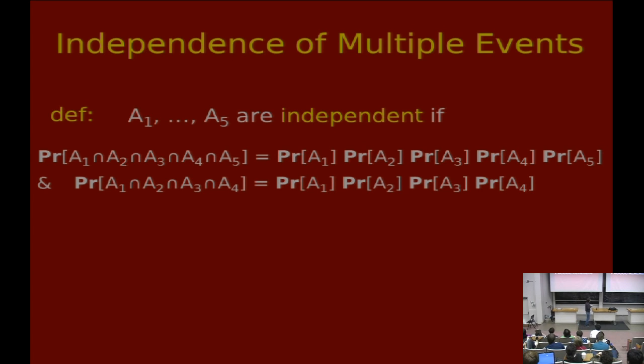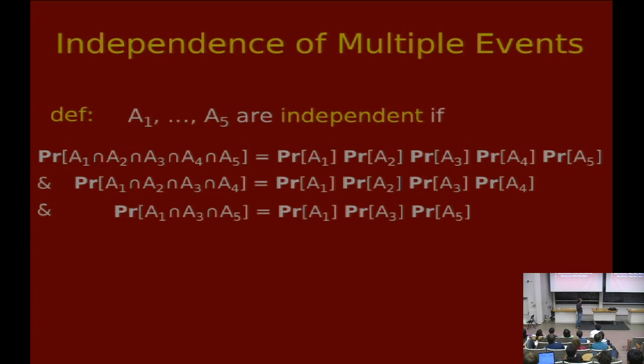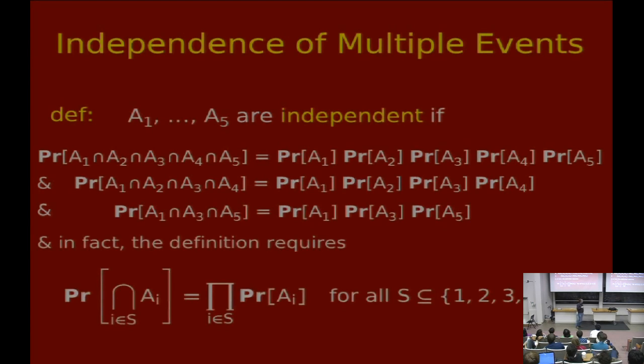You also need that the probability of the first 4 is the product of the probabilities of the first 4. And that the probability of like A1 and A3 and A5 is the product of the probabilities of A1, A3, A5. And for all the subsets, you need this to hold. So there's actually basically 2 to the 5 conditions here.